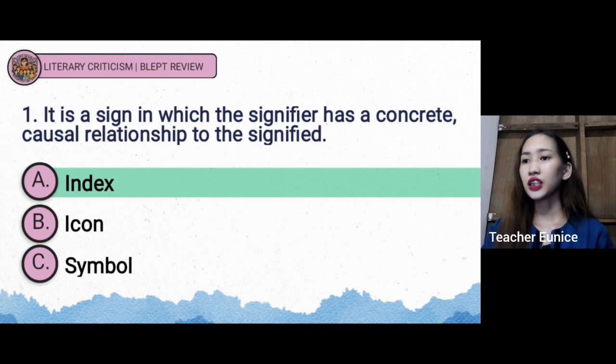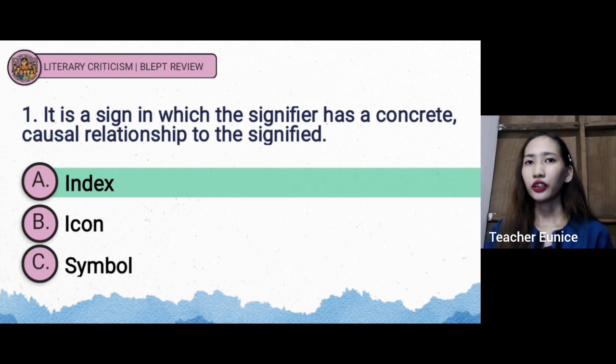So index is the answer because when we say index, it is a sign where the signifier has a direct connection to the signified. For example, smoke signifies fire. Another example, a knock on the door signifies that someone is there.